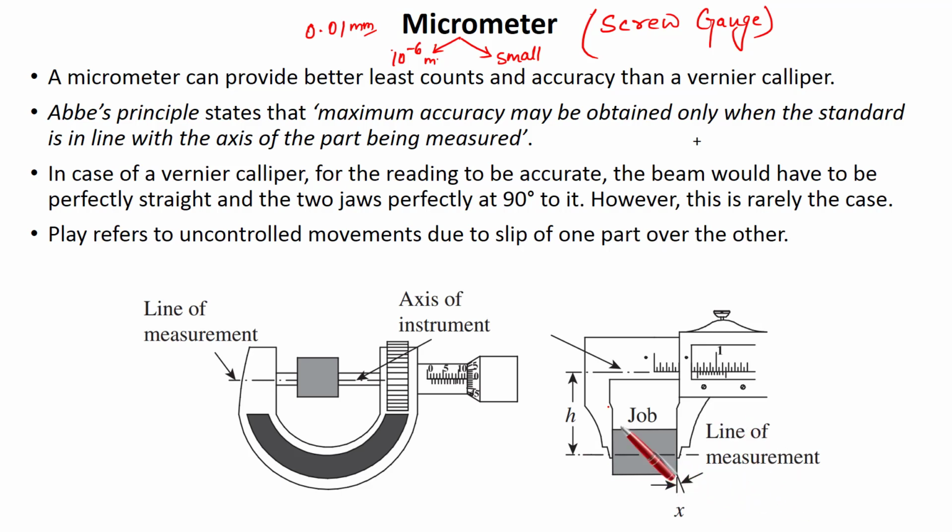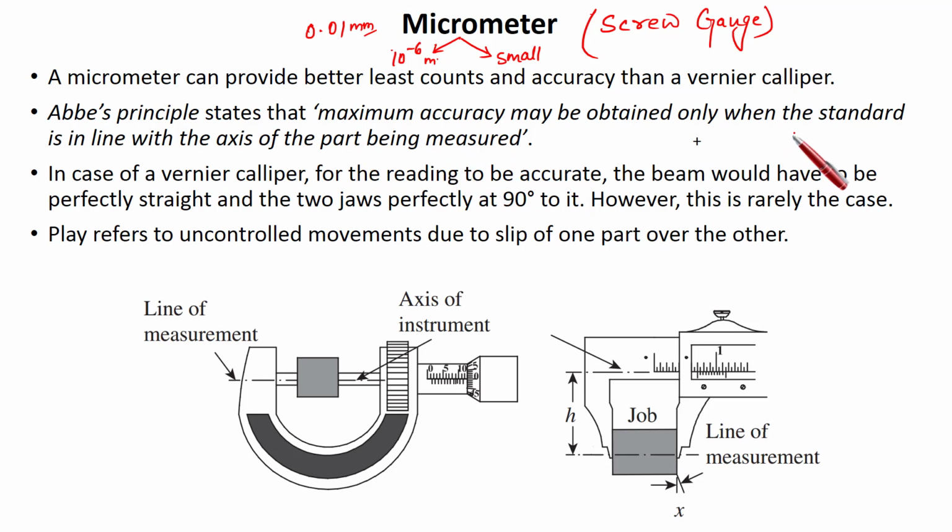This is the line of measurement and this is the axis of the instrument, so both are not aligned together. But in this case, look at here. This is the object. This is the axis of the instrument also, and this is the line of measurement also. Both are coinciding. So Abbe's principle says that maximum accuracy may be obtained only when the standard is in line with the axis of the part being measured.